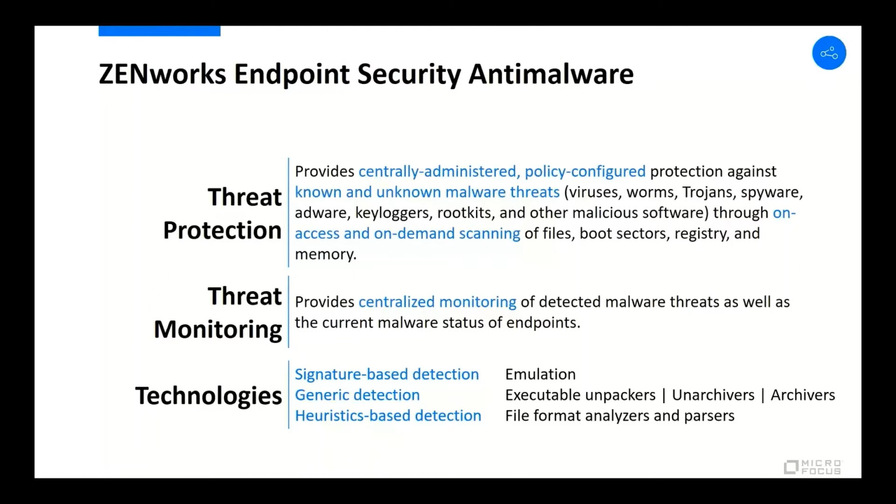We use generic detection, which is a form of detection that allows us to detect variants of known malware threats. And then we use heuristic-based detection, which is the complex algorithms and behavioral analysis that allows us to detect unknown threats or zero-day threats.